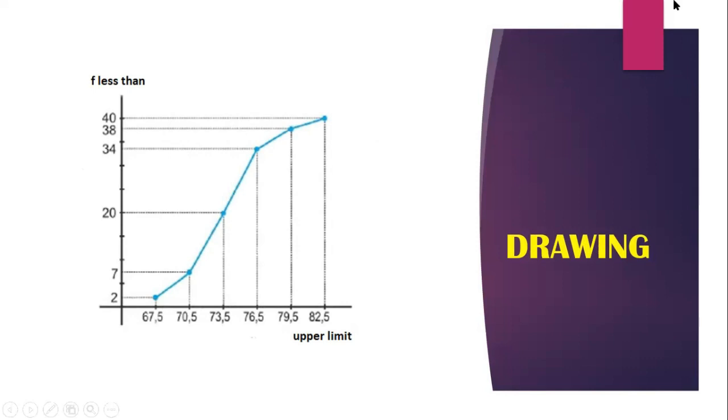Once again, I want to emphasize that the x-axis is the upper limit, and the y-axis is the f cumulative less than frequency. So that's very clear, right?